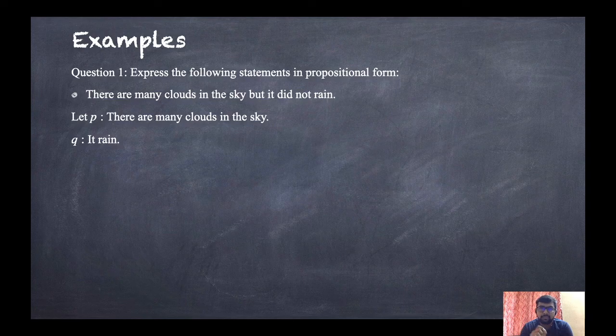We know that "but" stands for "and". So the statement will be P and it did not rain. We have taken Q as it rained, but in the statement it did not rain, so it is the negation of Q. So the propositional form will be P and not Q.